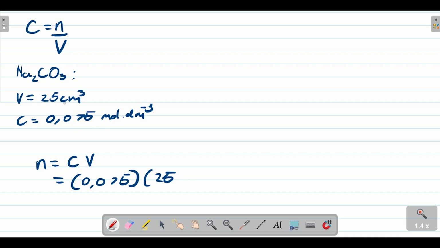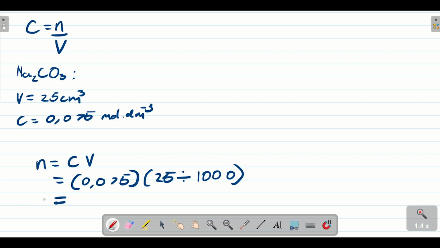But we have here cubic centimeters. We need to make sure this is in decimeters so it can cancel out with this decimeters and give us moles. And to convert cubic centimeters to cubic decimeters, we have to divide by 1,000.